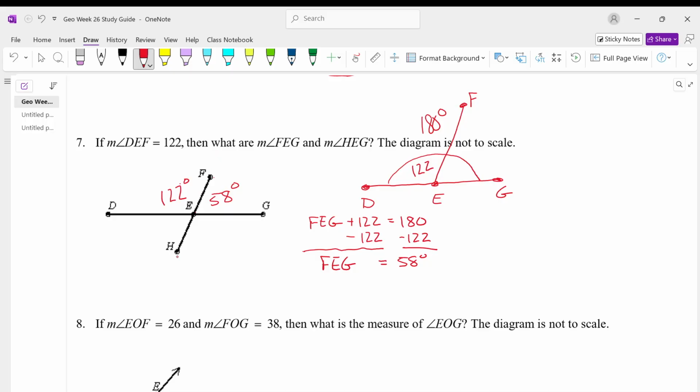And then don't you have another straight line right here that goes from F to H? So doesn't angle HEG, the other angle you got to find, HEG plus 58 has to equal 180. So subtract 58 from each side. So HEG is equal to 122.